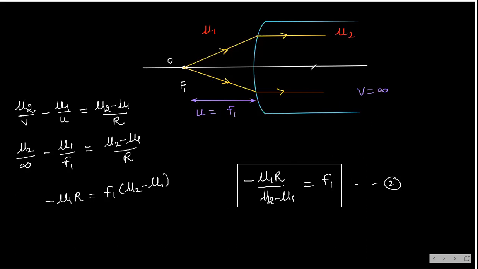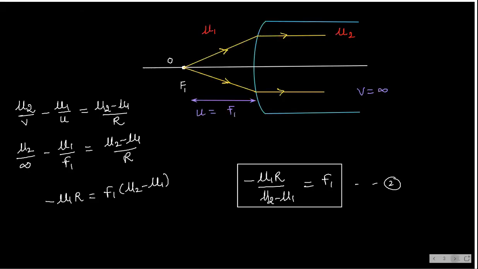Okay. Now next page. Now from equation 1 and 2, what we are getting? F1 by F2 is equal to, tell me F1 value, what we got?